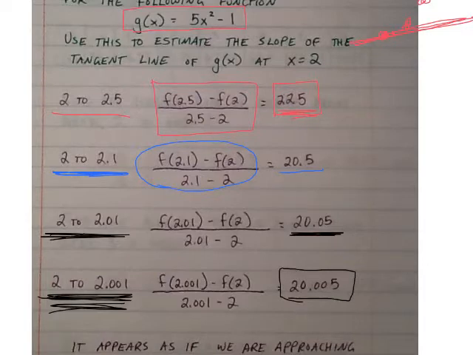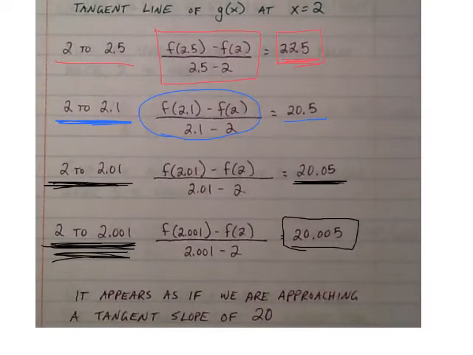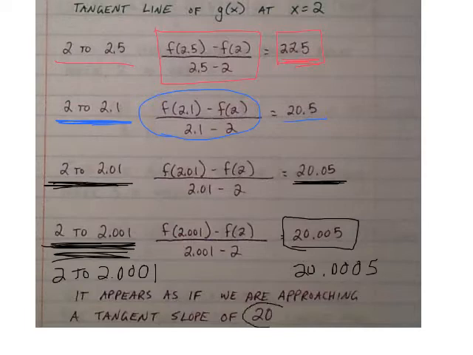And I suspect if we continued our pattern and went from 2 to 2.0001, we'd get an answer of 20.0005, and that pattern would continue. So it would appear as though we are approaching a tangent slope of 20 for this function.